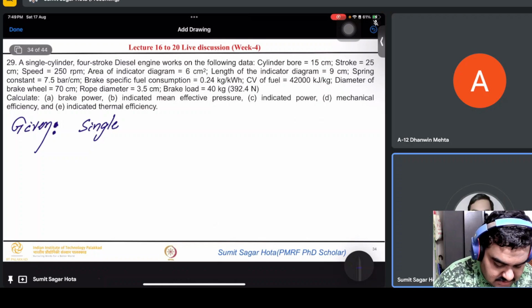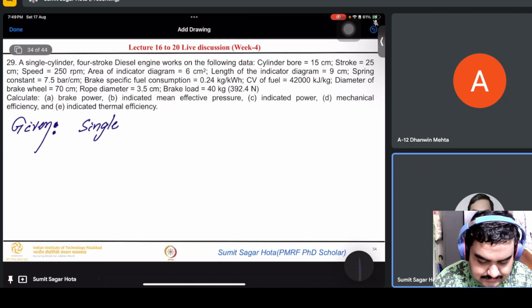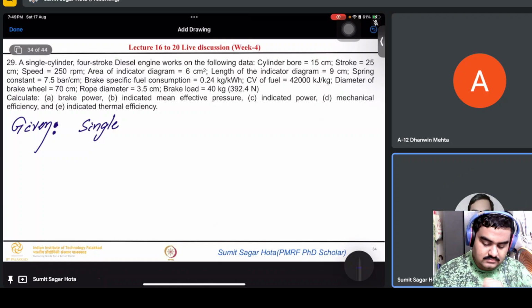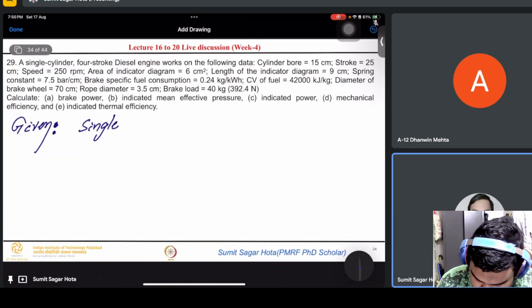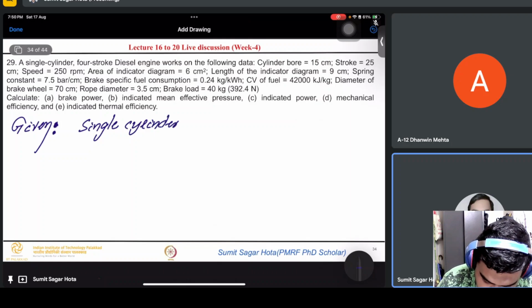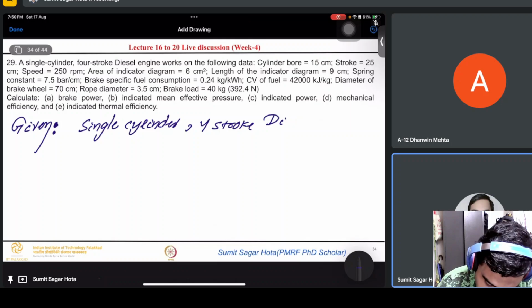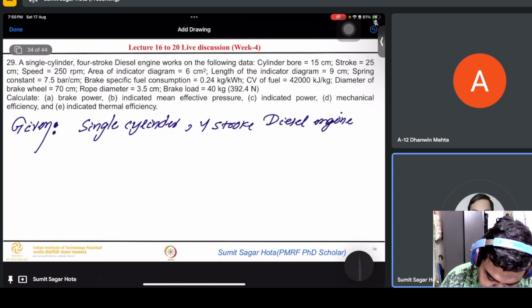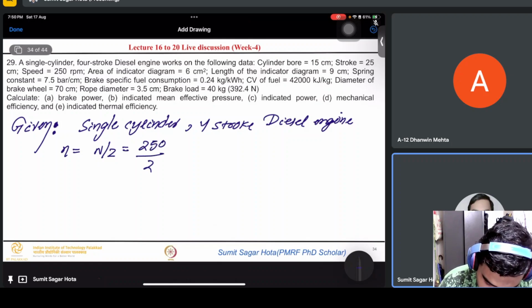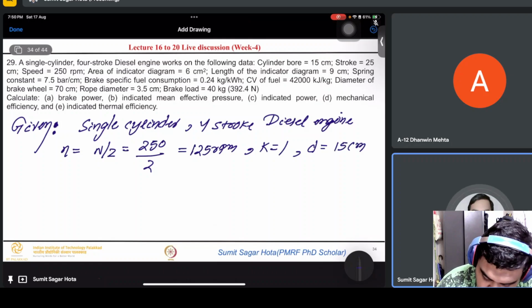Okay, let's do it. K equal to 1 because it's a single cylinder.